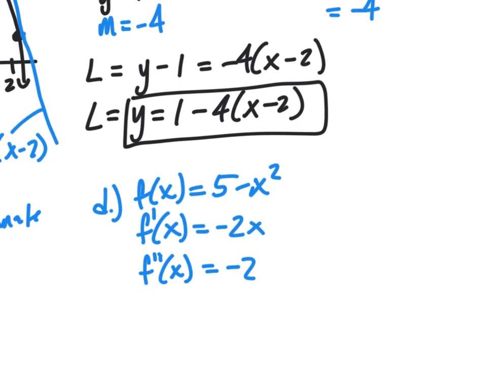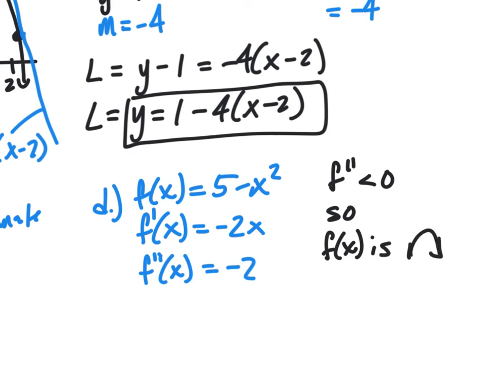Because my second derivative is negative for all values of x, f double prime is less than 0, so f of x is concave down, which means we're going to have an overestimate.